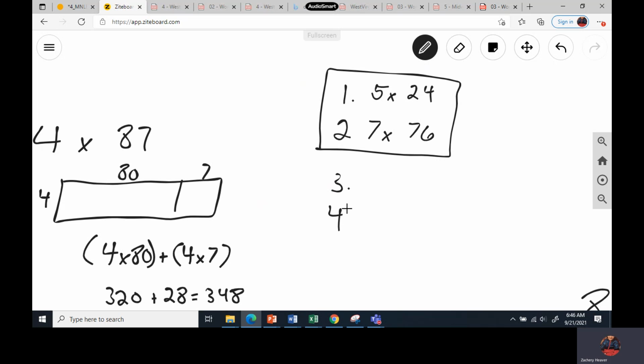You got to use expanded form. Try 8 times 277 and 3 times 184. So that's for today. So try these with your parents or by yourself, and see if you can get those right. And if you can, we're in good shape.